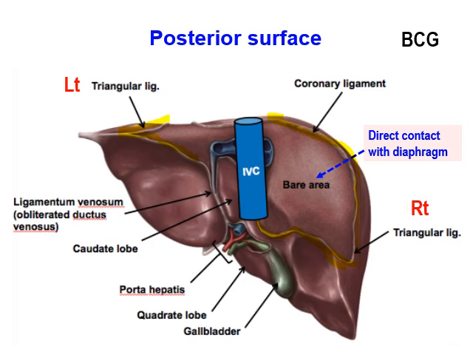On the right side, we can see the upper layer of the right coronary ligament. This comes from the reflection from the undersurface of the diaphragm. That's why it's called the hepatophrenic ligament.